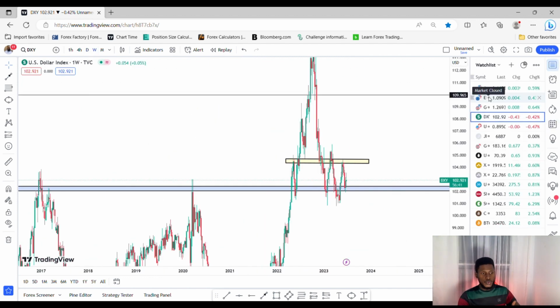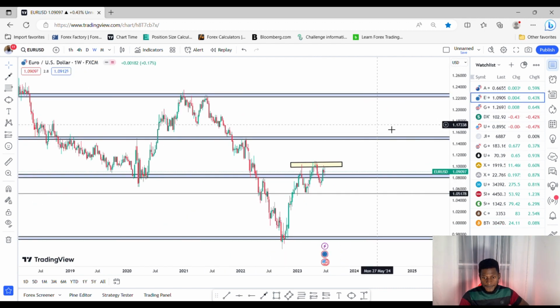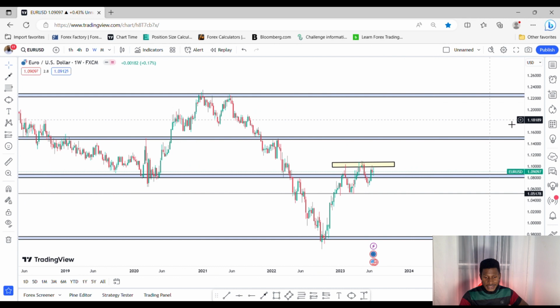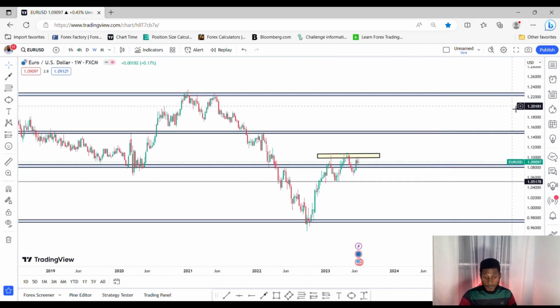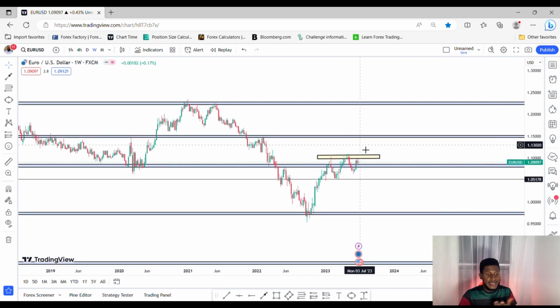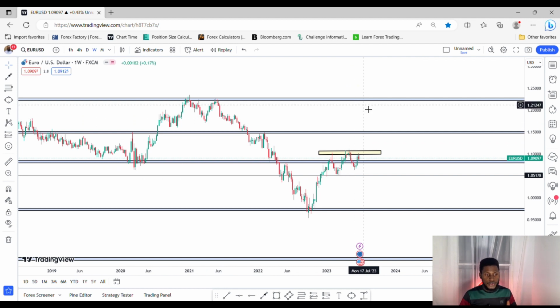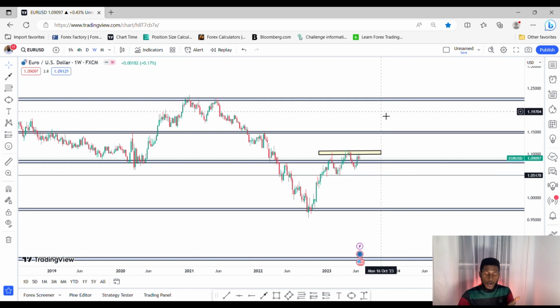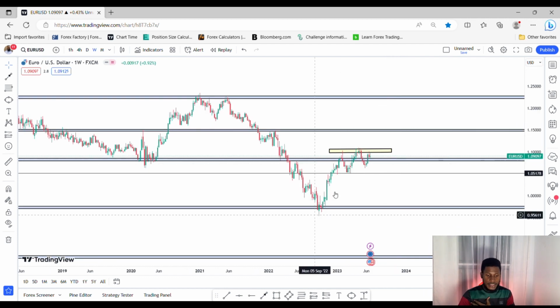So basically, let me just walk you through the currency pairs. I've been watching currency pairs like Euro USD and AUD USD in the last 1 month as well. And like I said, the Euro USD is the inverse of the dollar index. On the dollar index, we had an uptrend, right? So a movement to the upside.